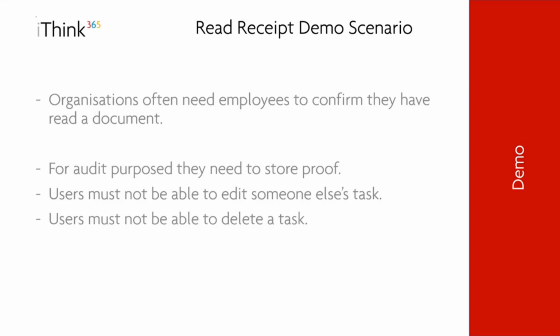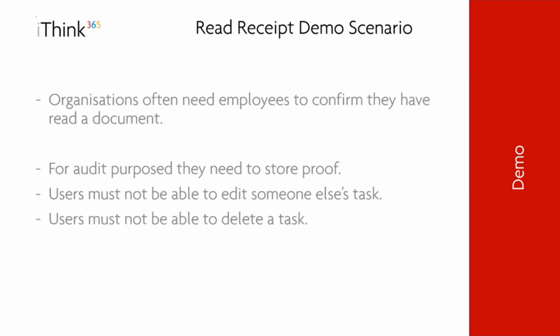Our demo is this. An often needed solution is read receipts. So organizations often need employees to confirm they've read a document, or a policy. Maybe you're doing something with AI. Maybe there's that Copilot thing, which you need to make sure that people understand how to use it and using the right tools within your business.